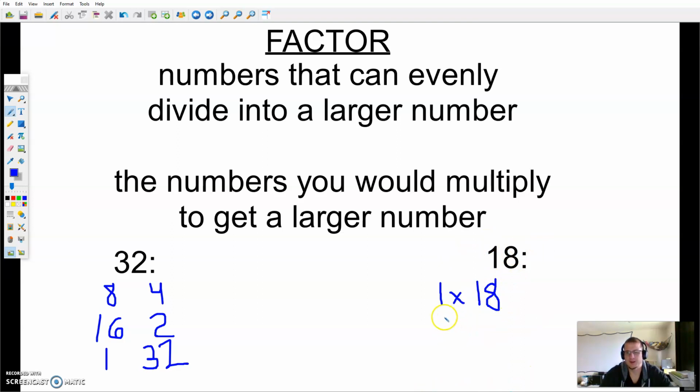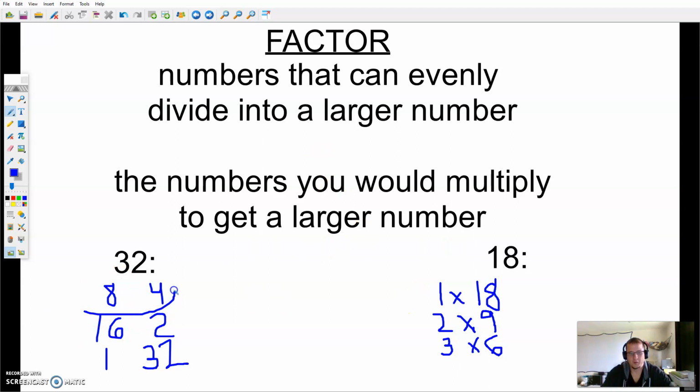And if you think about it, 2, it's an even number, so 2 is going to go into that. 2 times 9. 3 times 6 would multiply to get that. And I believe that's going to be it, because 4 does not, 5 does not, 6 does not, 7 doesn't, 8 doesn't, and then we're back to 9. So those are all of our factors of 18.